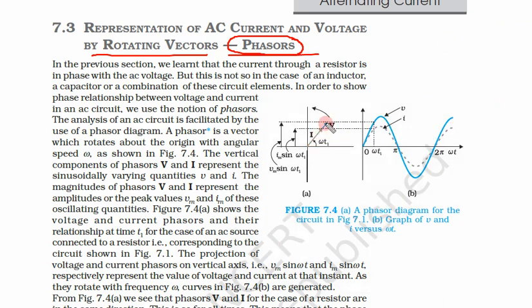For a resistive circuit, both should be in the same direction. So we have a vector rotating with rotational velocity omega and generating this sine wave, and for a resistive circuit, the directions of current and voltage are the same.